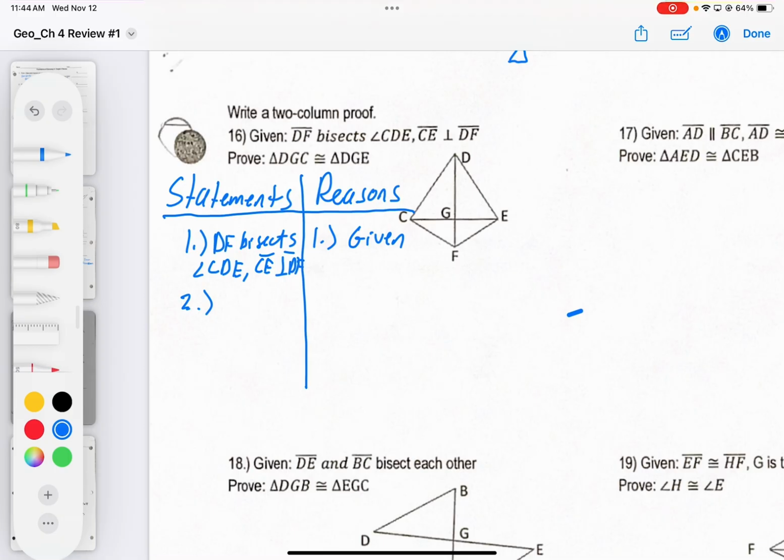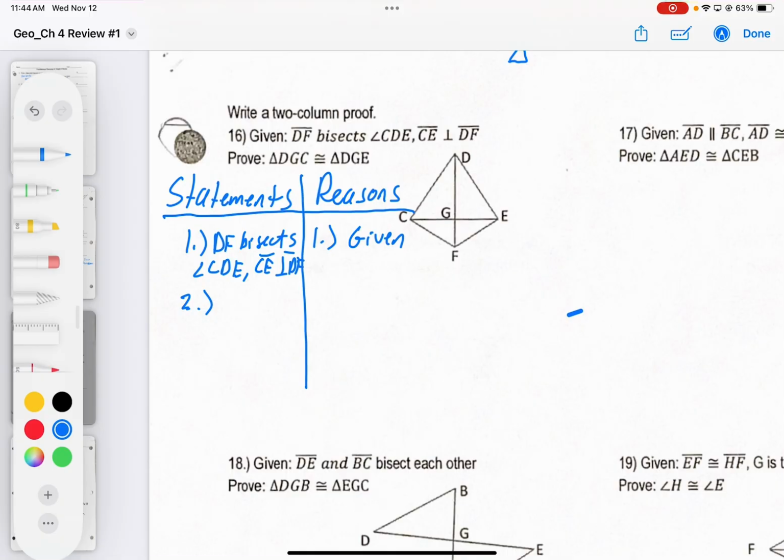Carter, close that iPad. DF bisects angle CDE. What is being bisected? A side or an angle? An angle. So what do I get from that? You get 2 congruent pieces, right? An angle is being bisected.